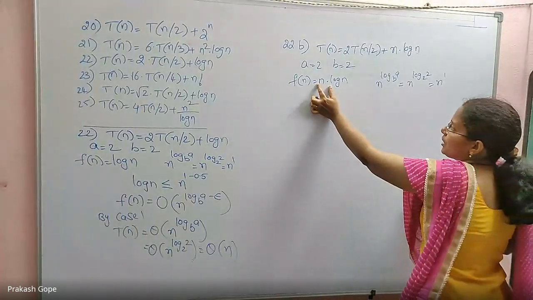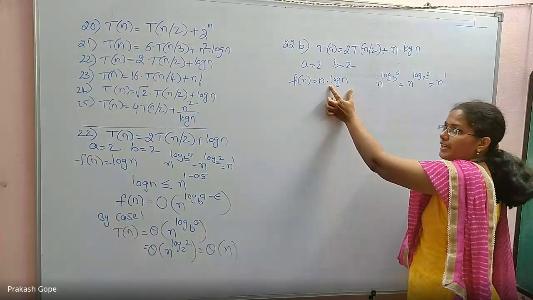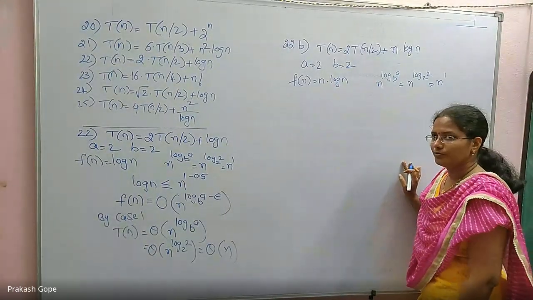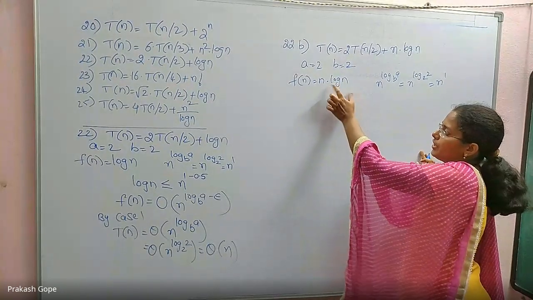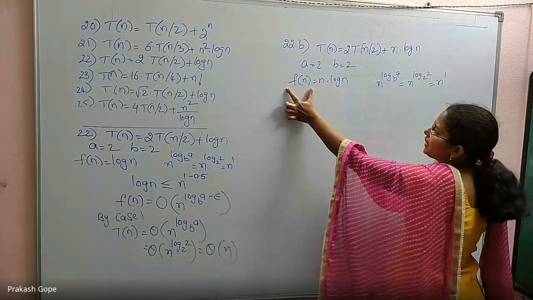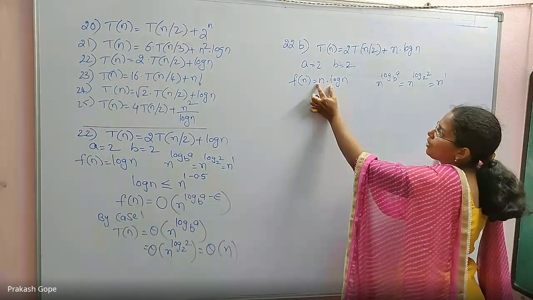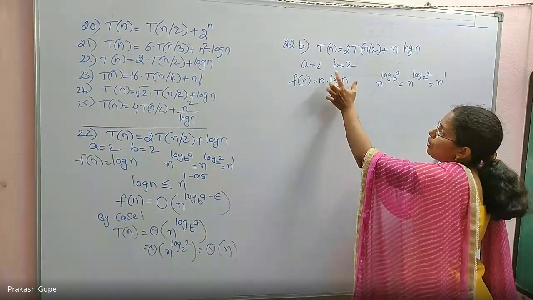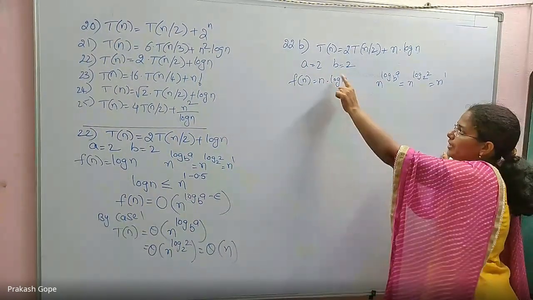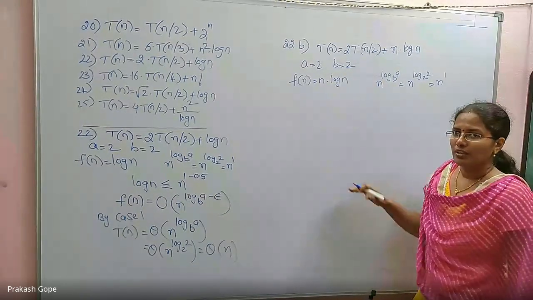And this one, if you see log n whole power k, then you should think in terms of case 2. So in terms of case 2, this is n power log a to the base b as it is. So f of n is theta of n power log a to the base b into log n whole power k, where k is 1, because it is just log n, log n whole power 1.